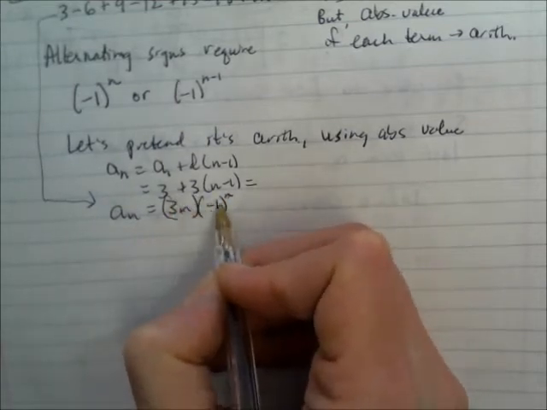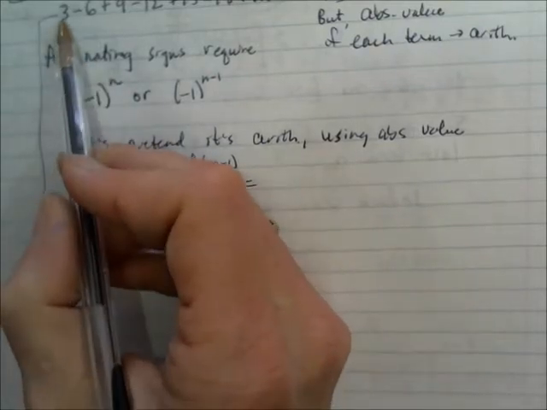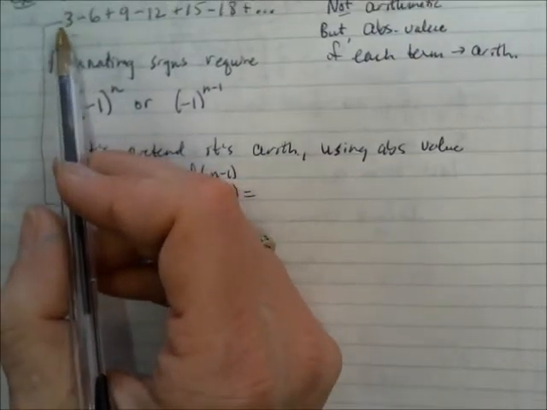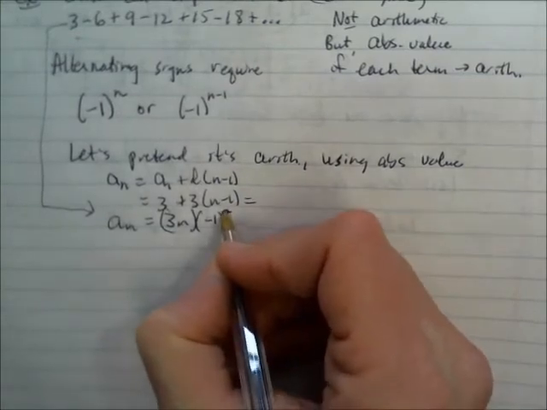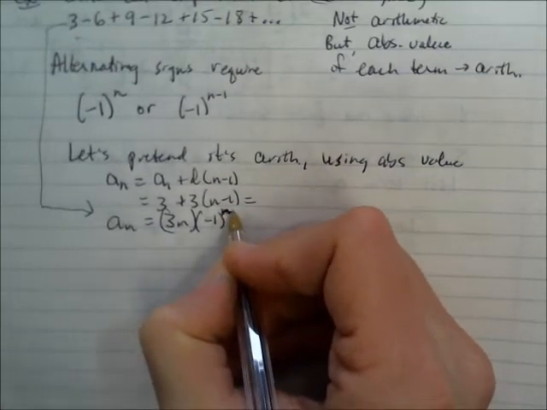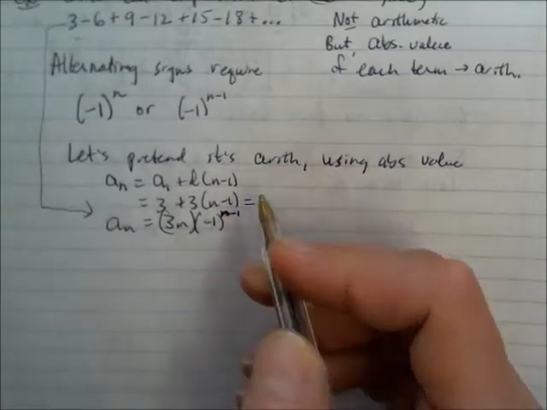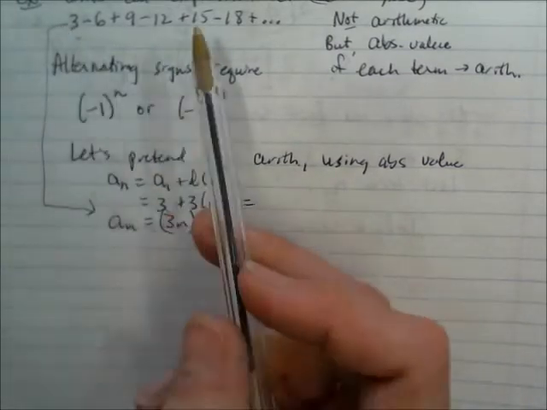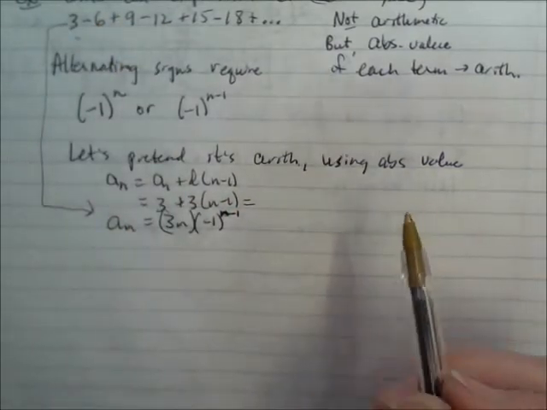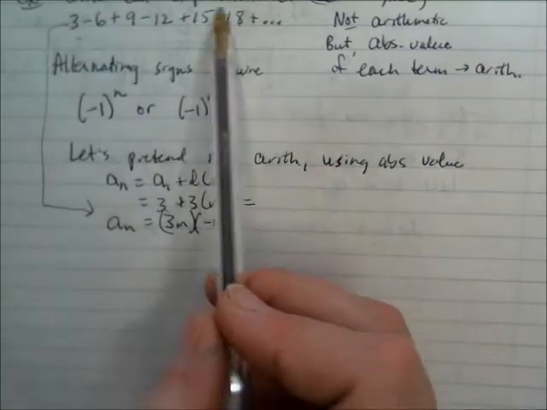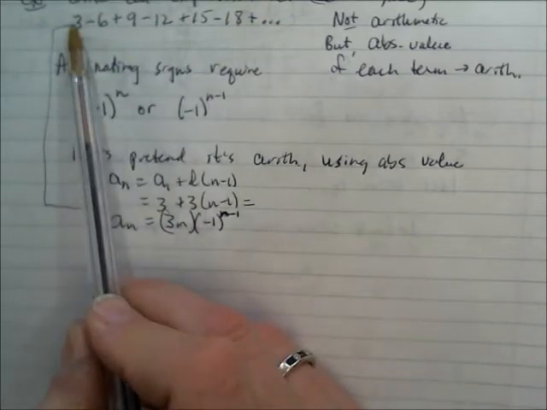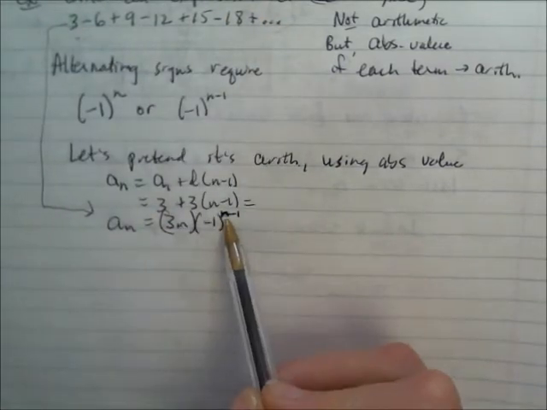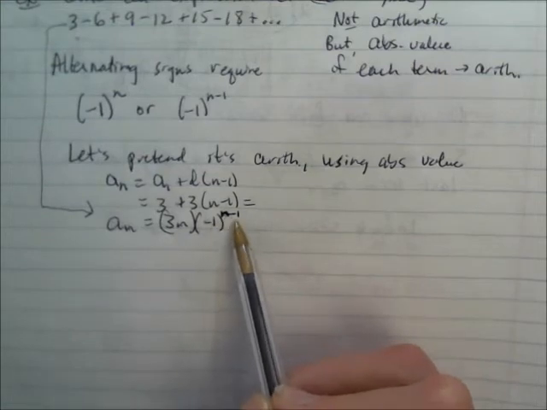So if we chose this as n, it's going to give us a -3 here, and we want a +3. So this exponent, instead of being n, it's going to be n minus 1. That would be the adjustment to make the first term positive, second negative, third positive. If this series started with a negative number, then you're going to have this just be -1 to the power of n without the -1.